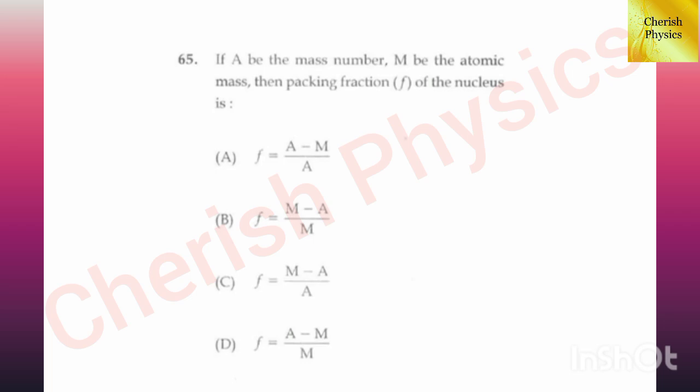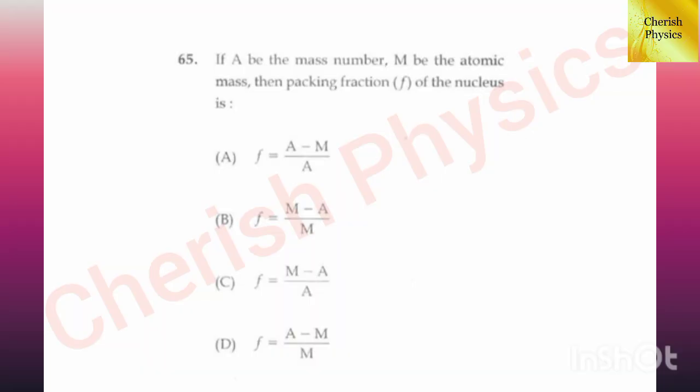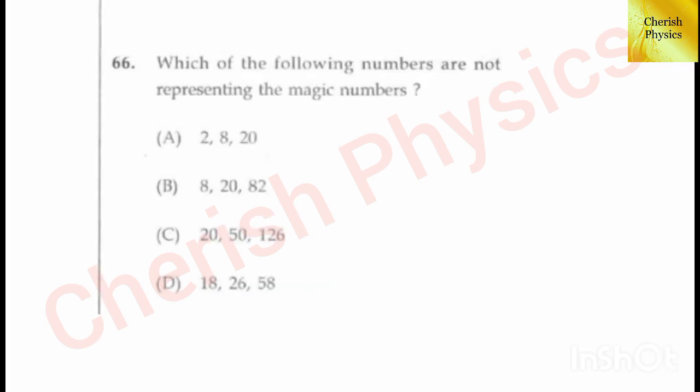15th question. If A be the mass number, m be the atomic mass, then packing fraction F of the nucleus is dash. The answer is option C. F equal to m minus A divided by A. 16th question.